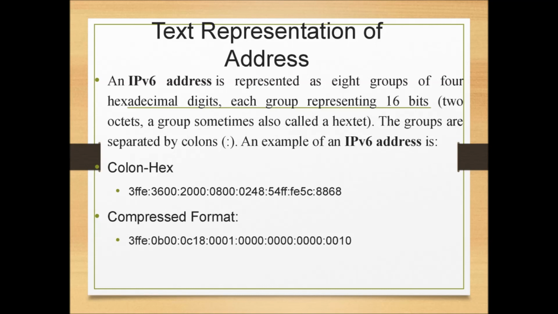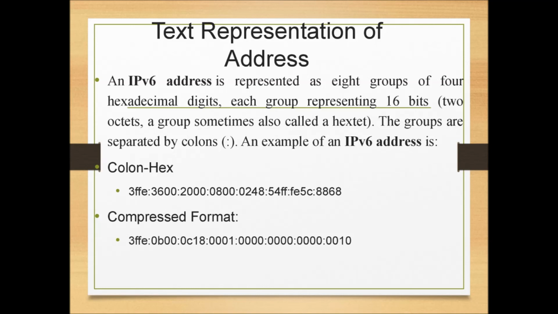Text representation of address. Dear students, this is the last slide of our today's topic. An IPv6 address is represented as 8 groups of 4 hexadecimal digits, each group representing 16 bits or two octets, a group sometimes also called a hextet. The groups are separated by colons.